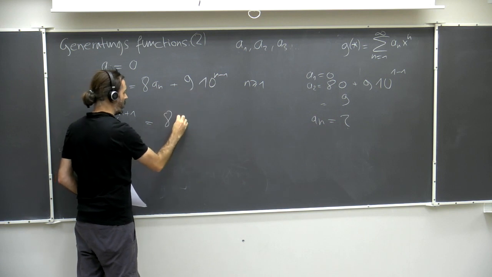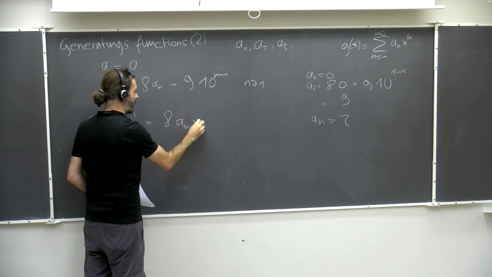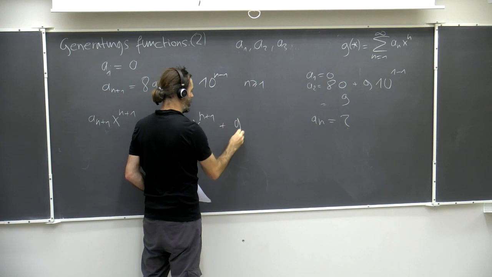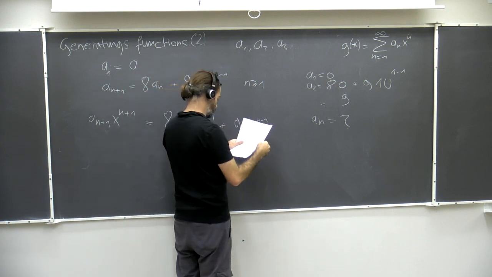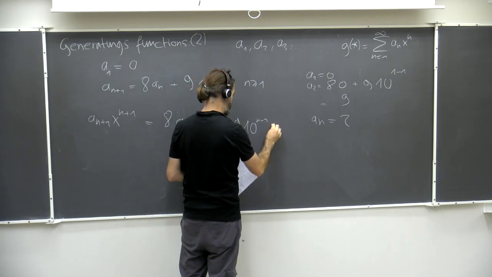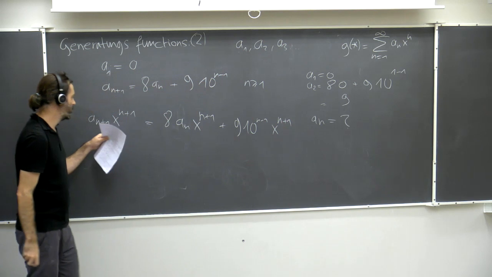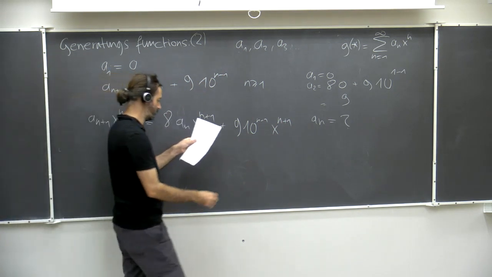So we are putting in 8 a_n x^(n+1) plus 9 times 10 to the n minus 1 x to the n plus 1. And this equation is still valid for n larger than 1.